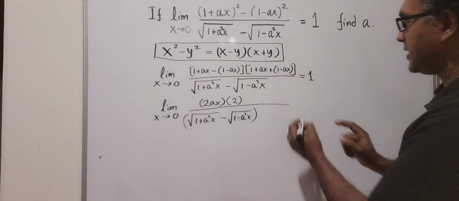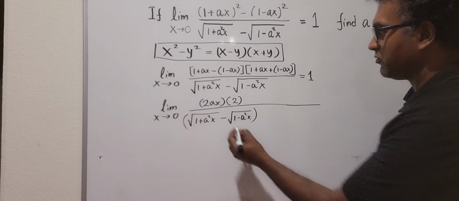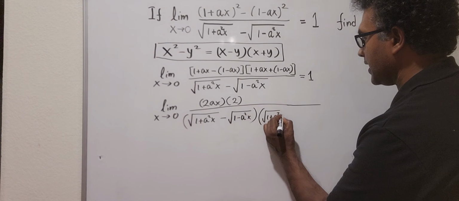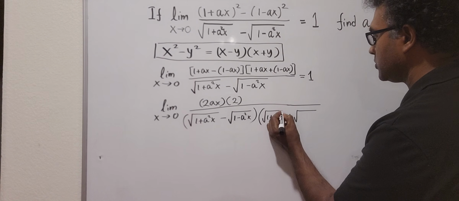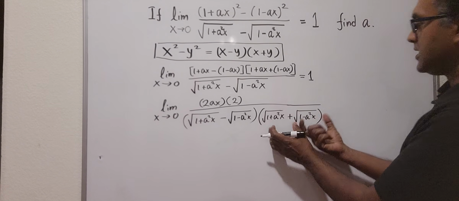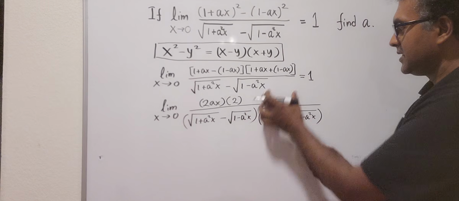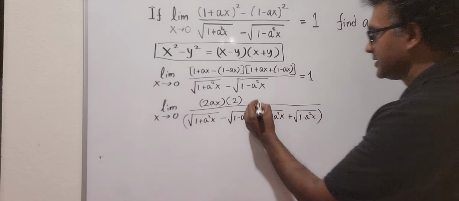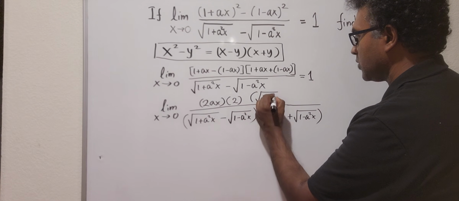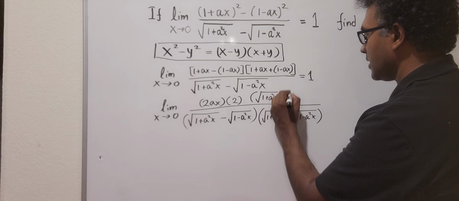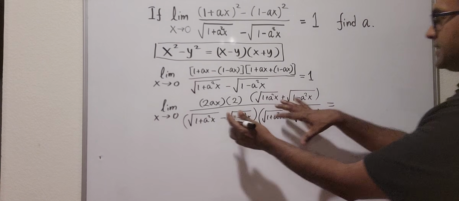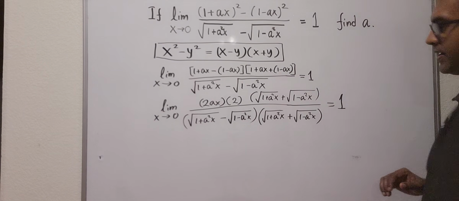And then I'm going to write down the conjugate of this term, where you will have the plus sign: square root 1 plus a squared x plus square root 1 minus a squared x. And then I need to write the same thing in the numerator, otherwise it's not balanced. So in the numerator, I'll have square root 1 plus a squared x plus square root 1 minus a squared x. And the entire thing is still equal to 1.